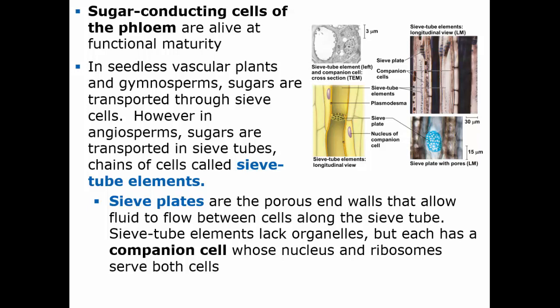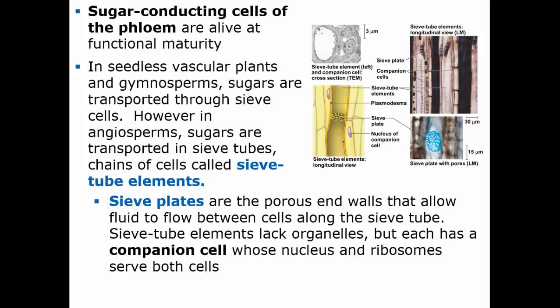In angiosperms, the function of transporting sugars and other organic materials is split between the sieve tube elements and their companion cells.